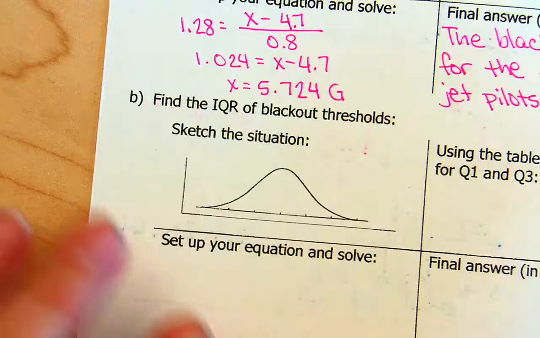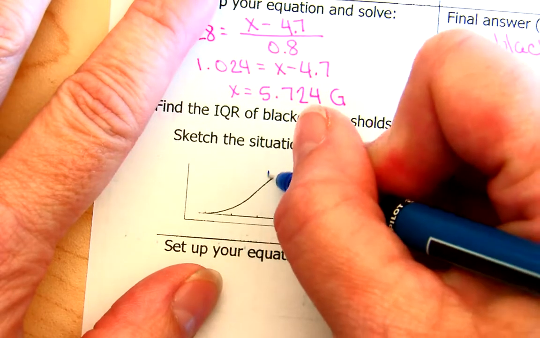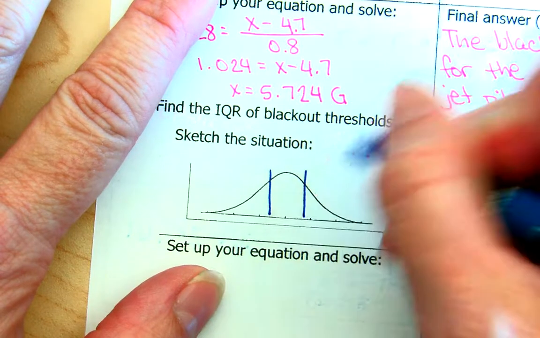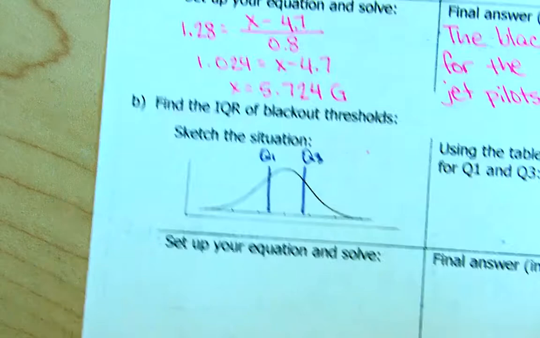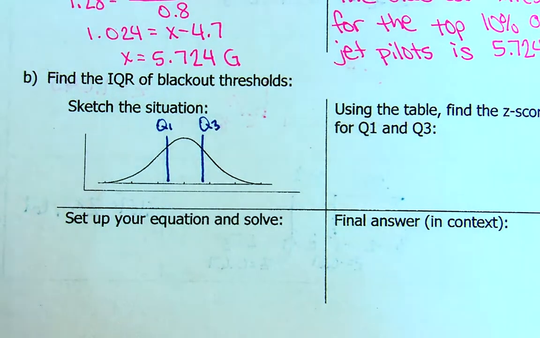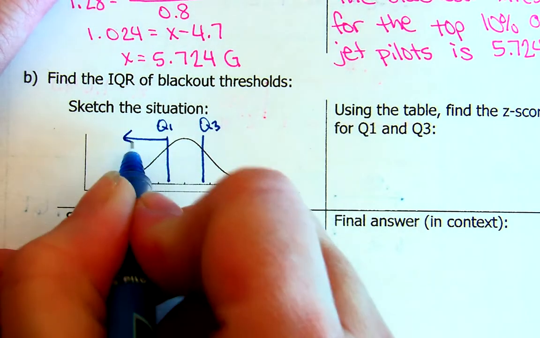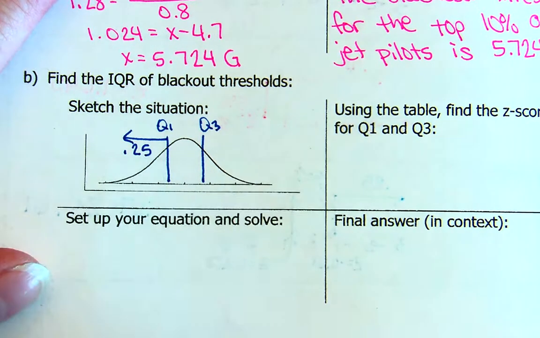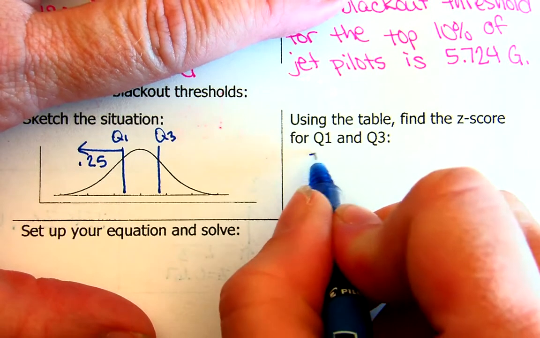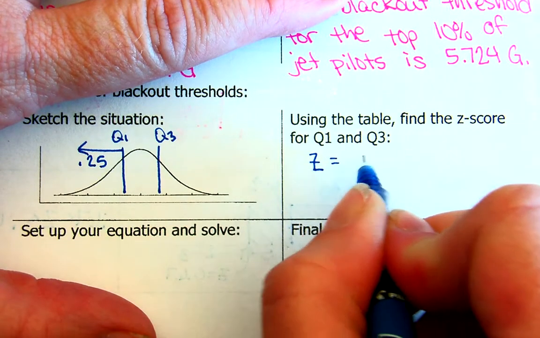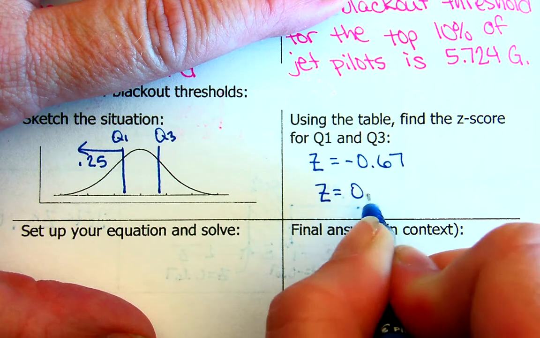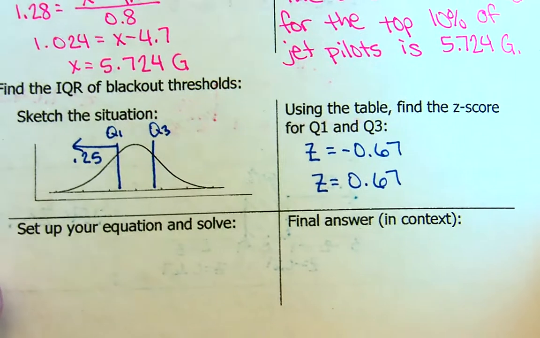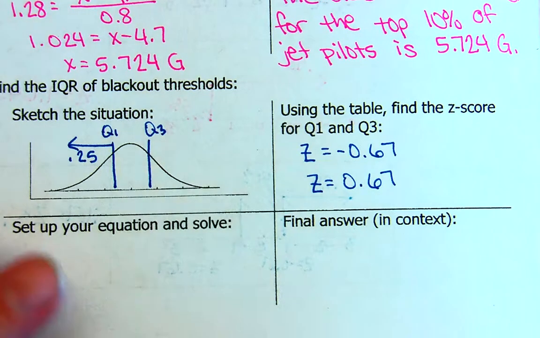So when we're looking at, this would be our Q1, this is our Q3. This is 0.25. That's what we're looking at. So those are our Z-scores.